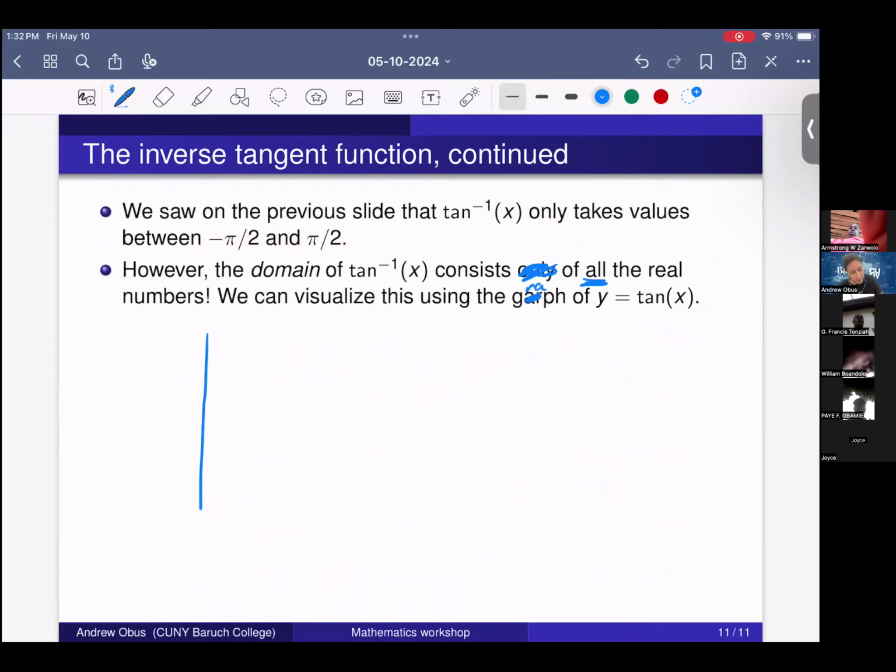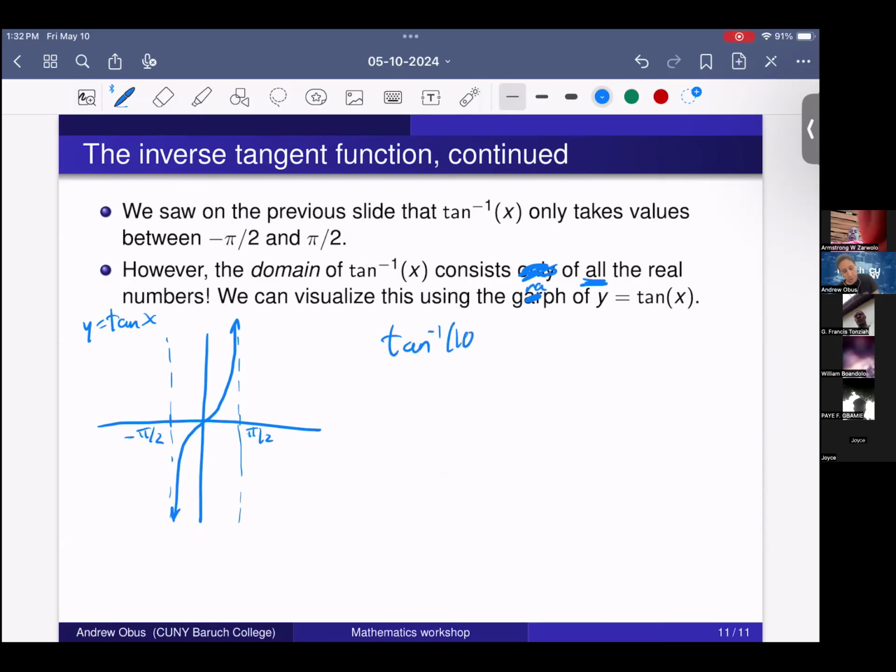So using the graph of y equals tangent of x, let me just draw this again. I'm going to draw just that part of the graph between minus pi over 2 and pi over 2. So we have our asymptotes here, and then the graph of tangent of x looks kind of like this. This is y equals tangent of x. Let's say I wanted to know what is inverse tangent of 100.